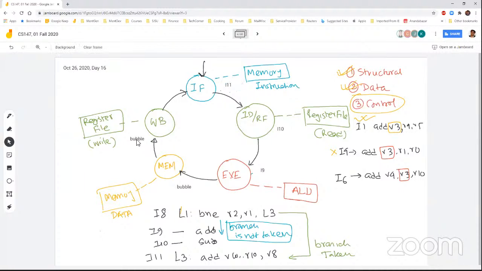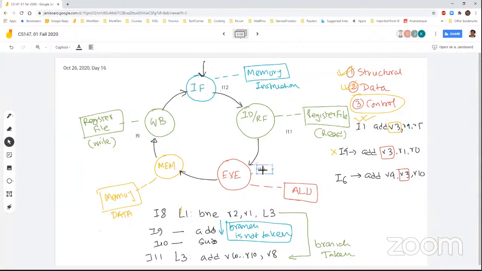I11 from the memory, then this bubble is purged, this bubble comes, I10, I11, duplicate, I12. Now this is purged. Now the pipeline is in a good shape without bubbles.